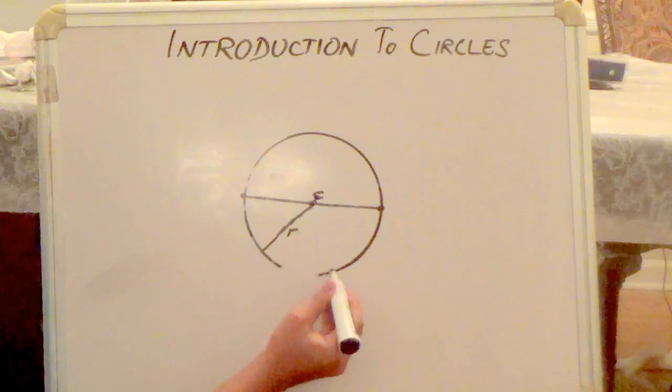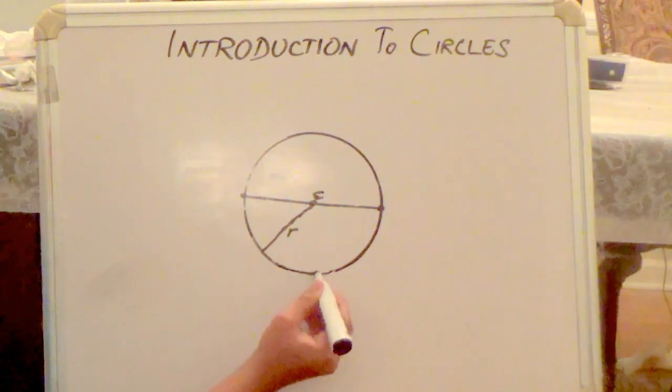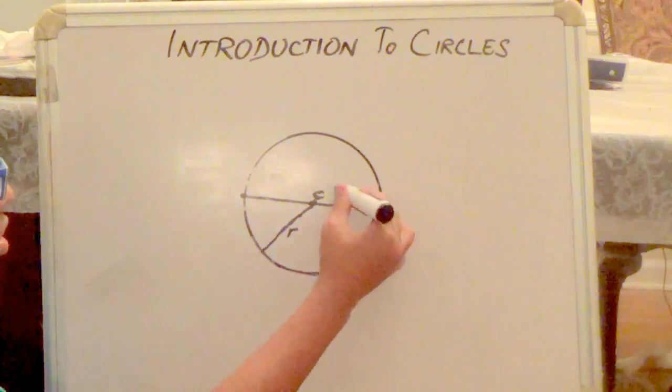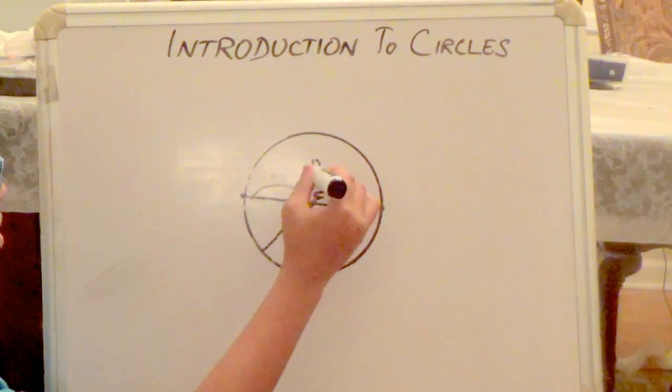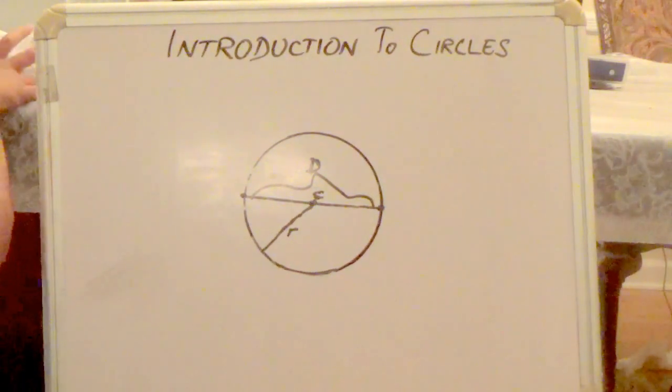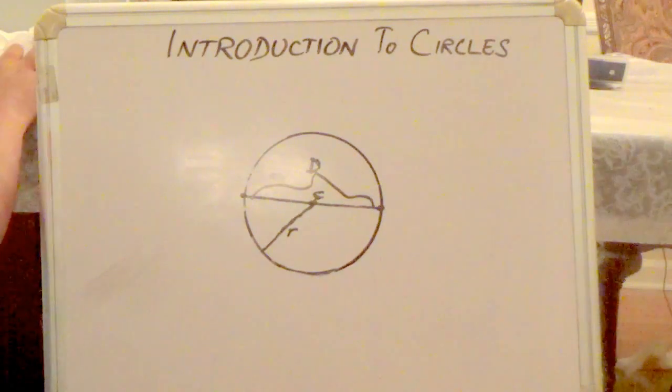Center is the center of a circle. Okay, let's label that C. So far we have three parts labeled: the diameter, the center, and the radius.